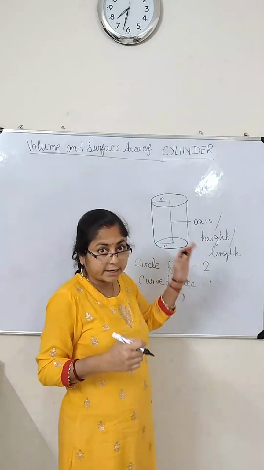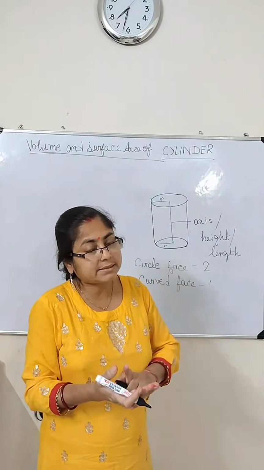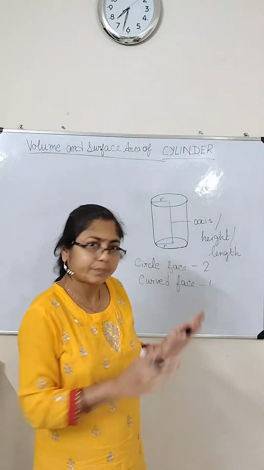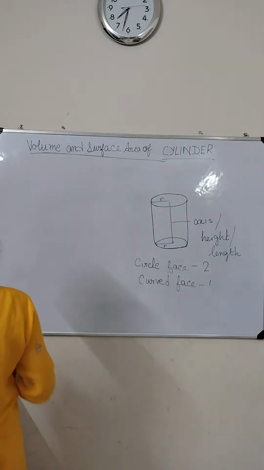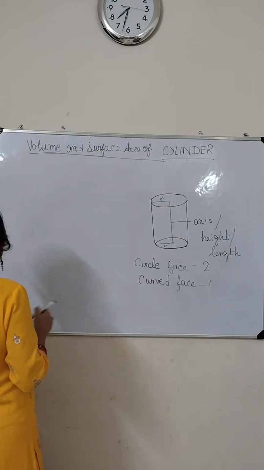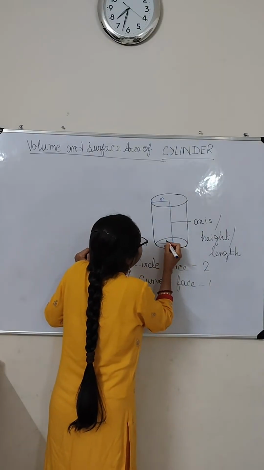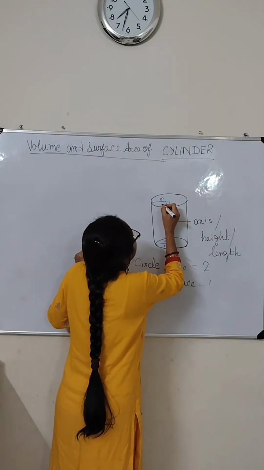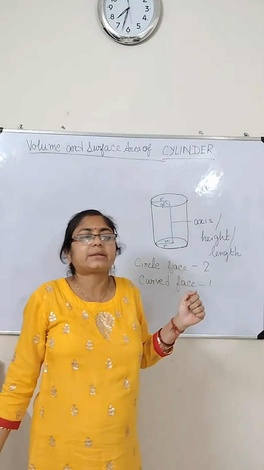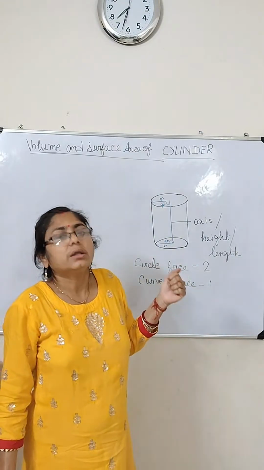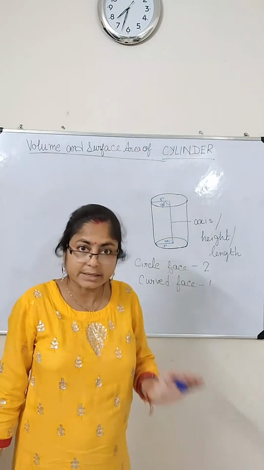So first clear which is the axis; the same thing is the height, the same thing is the length also. Clear? And one thing: if the axis makes a 90 degree angle to the radius, then it is called a right circular cylinder.